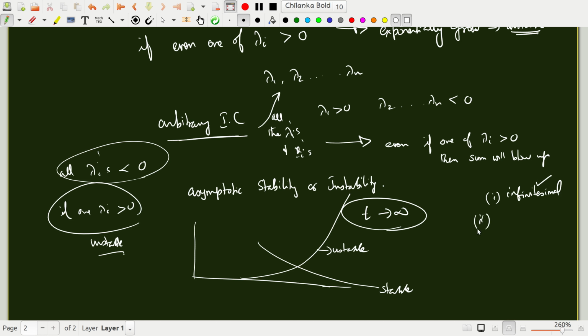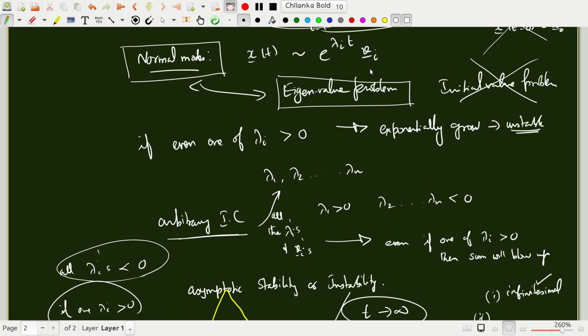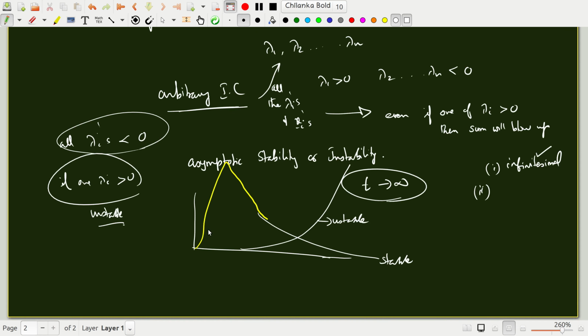Second, we are neglecting or ignoring the possibility that there may be transient algebraic growth but eventually resulting in a decay. This is because in reality you have to do the superposition like this. So even if all the lambda i's are negative, or the real parts of all the lambda i's are negative, the summation of these, if the vi's are not orthogonal, can lead to a temporary growth.